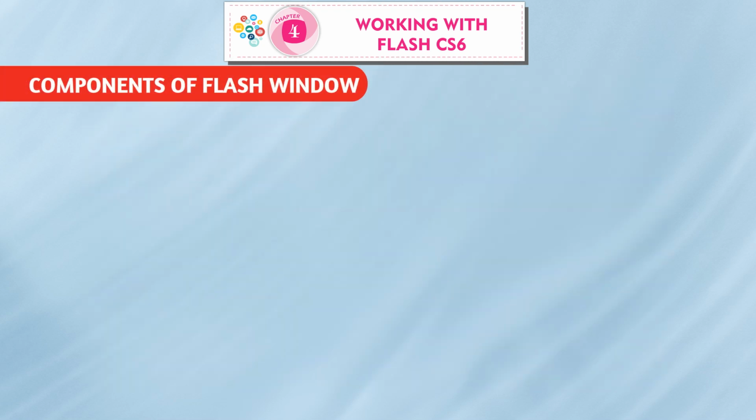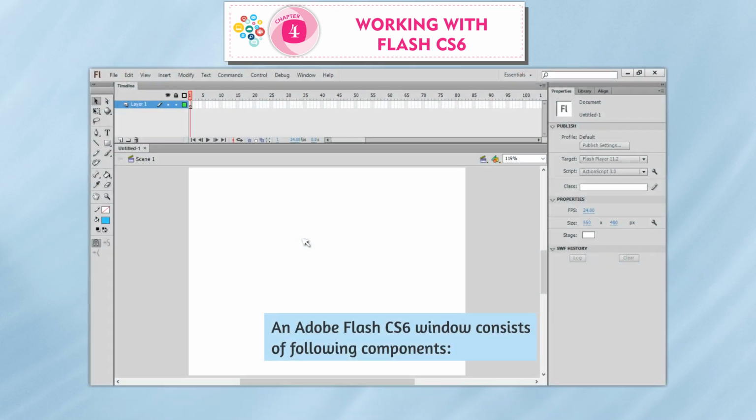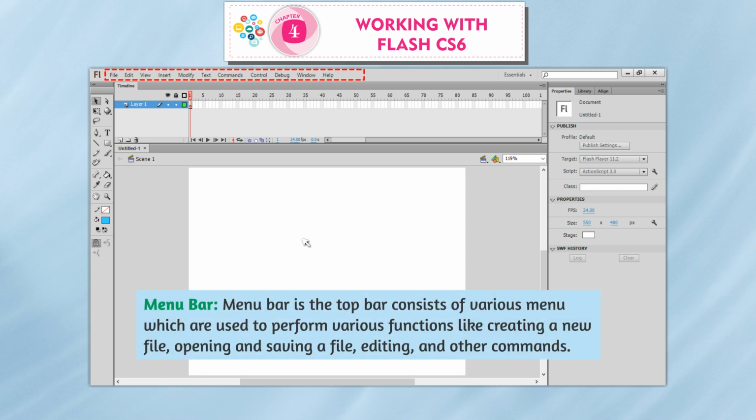Components of Flash window. An Adobe Flash CS6 window consists of following components. Menu bar. Menu bar is the top bar, consists of various menus which are used to perform various functions like creating a new file, opening and saving a file, editing and other commands.